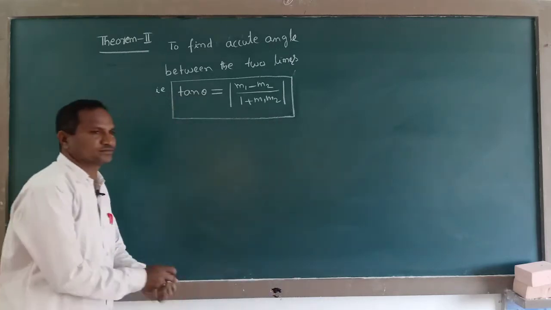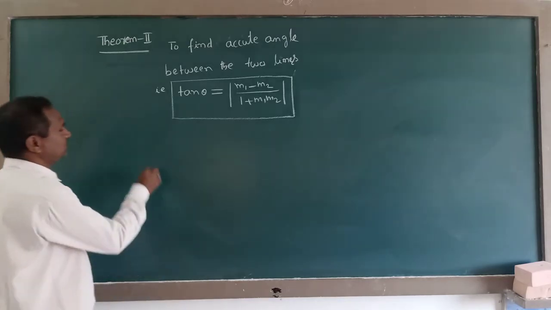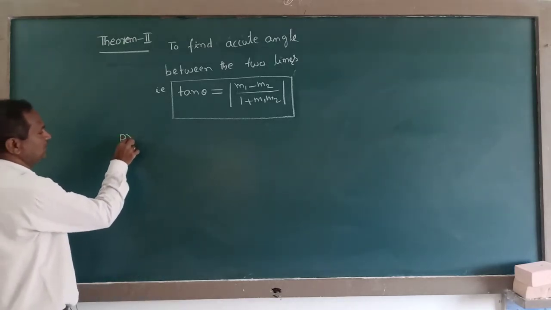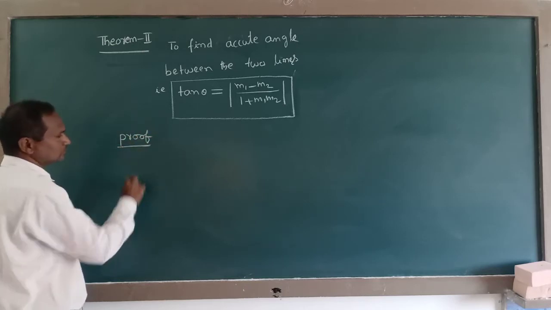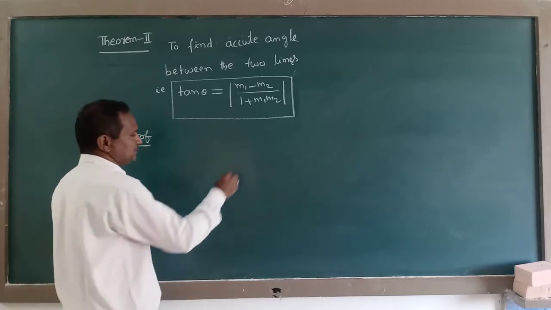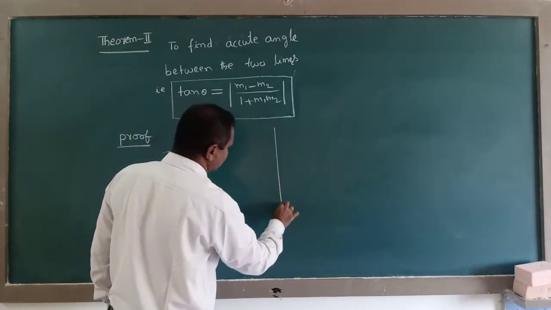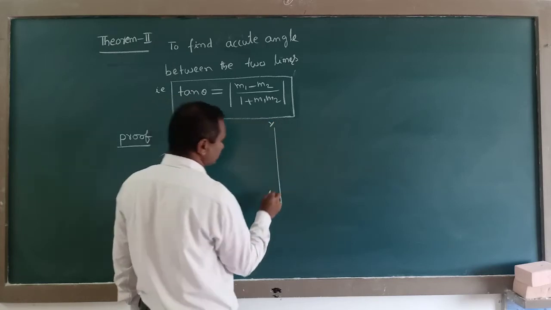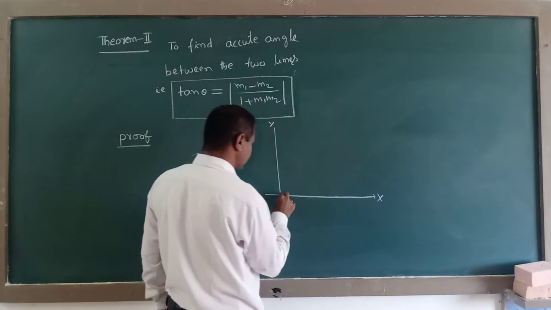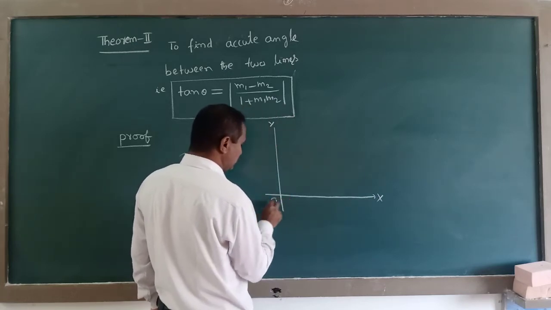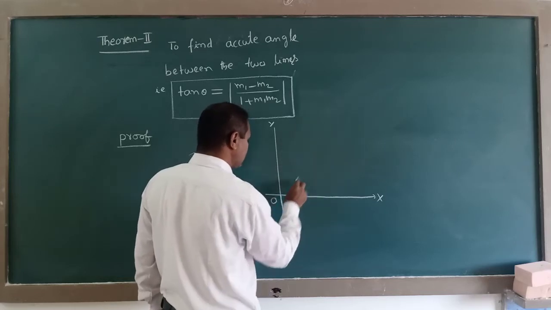Now let us go to the derivation, or proof, for this. See here, first the diagram: y-axis, x-axis, origin here, and two lines.